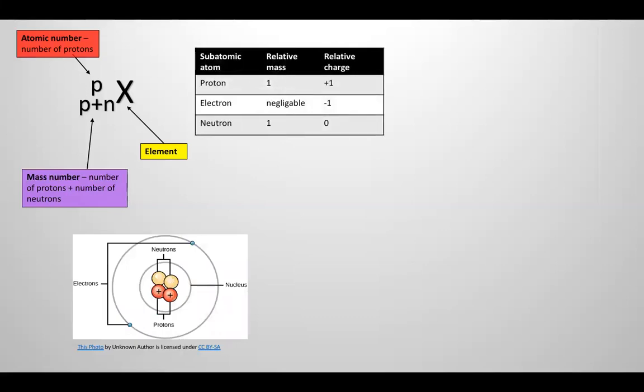So you need to know the relative masses and the relative charges of what's found within the nucleus, as well as electrons which are found in shells. The proton's relative mass is 1 and its relative charge is +1.